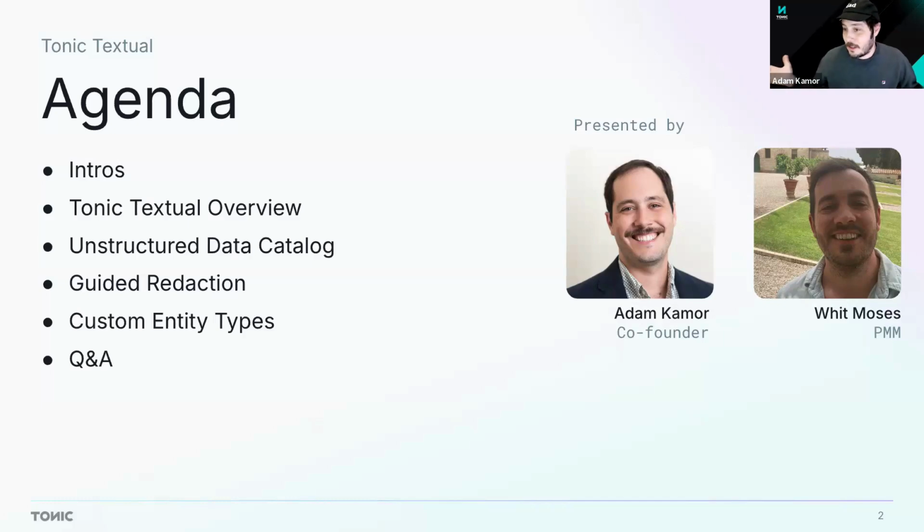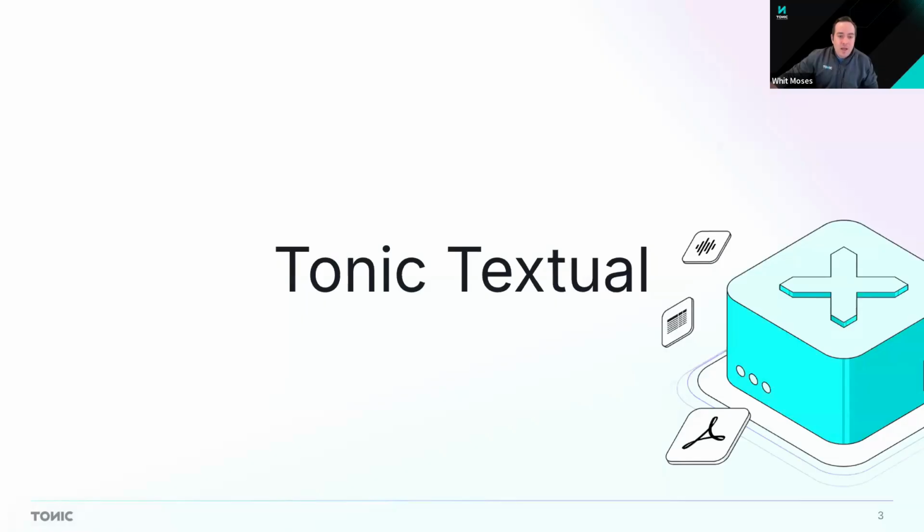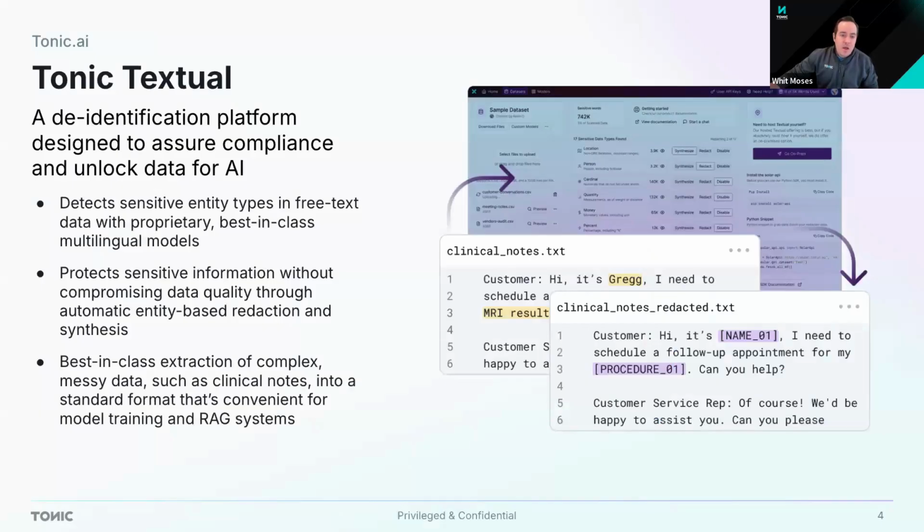And it's one of Tonic's three product offerings. Let's start with a quick reminder of why we built Textual and what teams are currently using it to do. As we've alluded to and said explicitly, Textual is a de-identification platform designed to assure compliance while unlocking sensitive data for AI. Most organizations today are sitting on massive volumes of free text data. This can be clinical notes, documents, transcripts, emails that all contain enormous value.